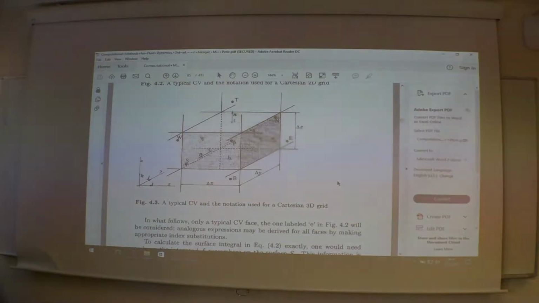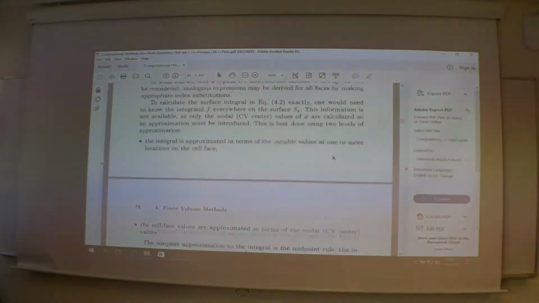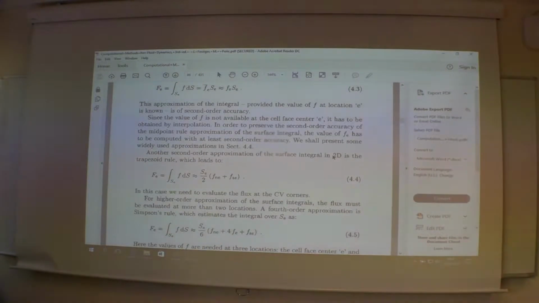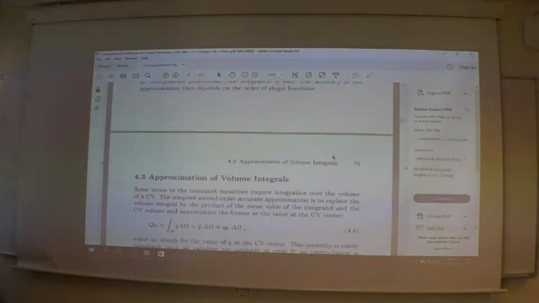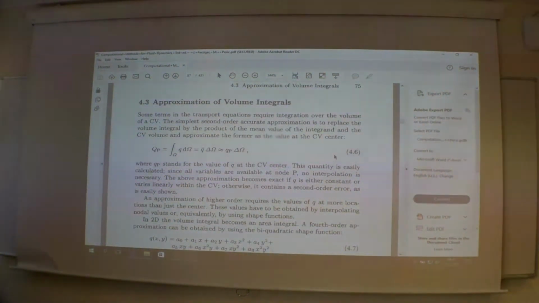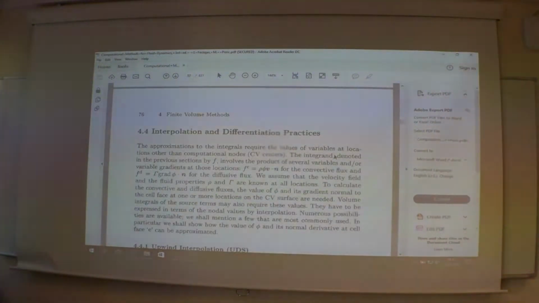And in 3D, you will have the top and bottom as well. So classic notation all the way. Then, yes, I won't go through all this integral practice.